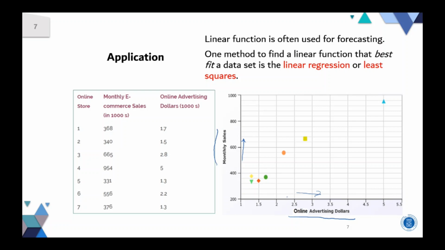Here we want to use a linear function for forecasting. So we try to find a linear function, a line which best fits this data set. If you use the linear regression method or the least squares method, you will find it.